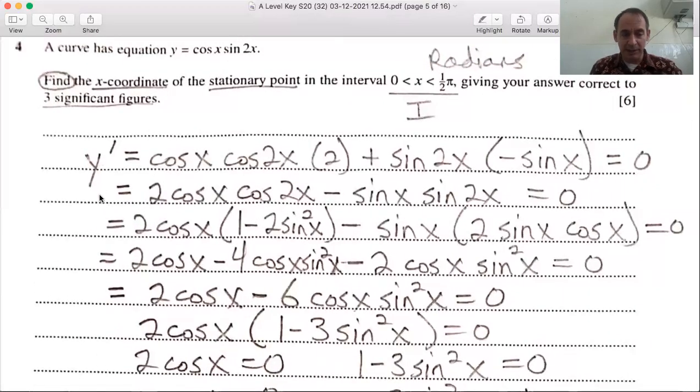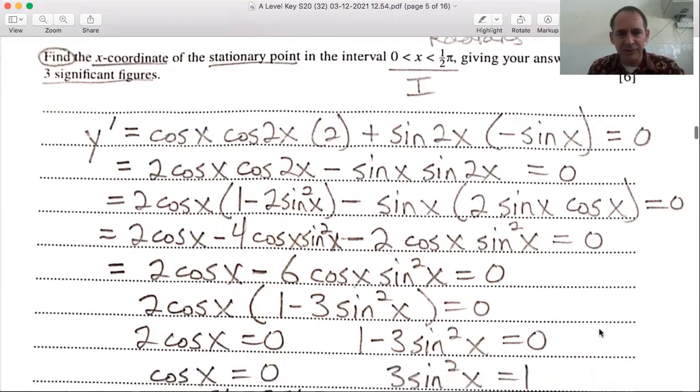I'm just going to use y prime as our notation for taking the first derivative. So here's the first term, 1, times the derivative of the second, which, don't forget to take the derivative of the inside of the argument, which is another 2, plus the second term times the derivative of the first term. The derivative of cosine is negative sine, and we set it equal to 0.